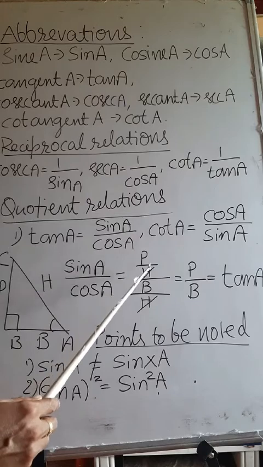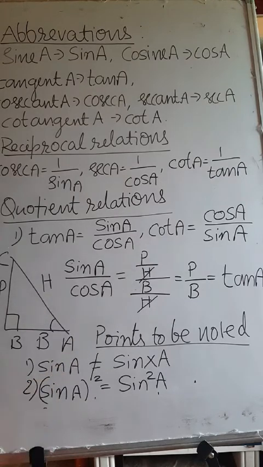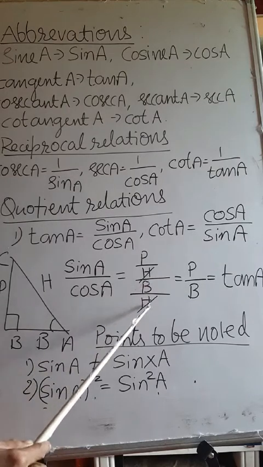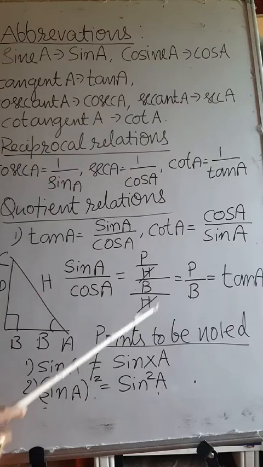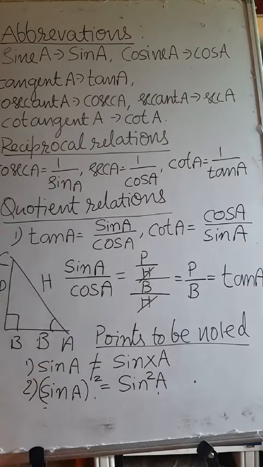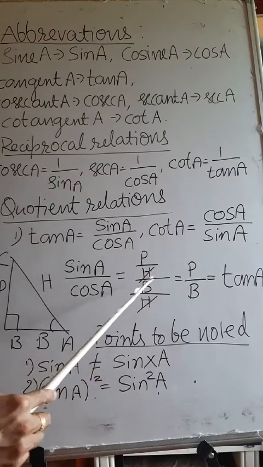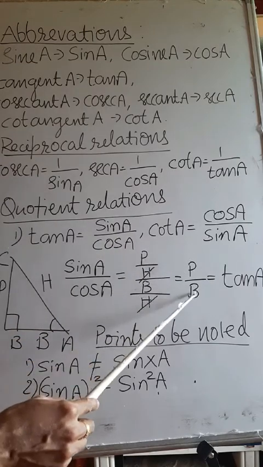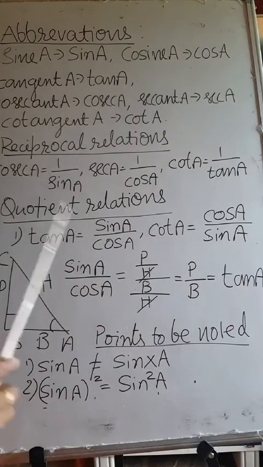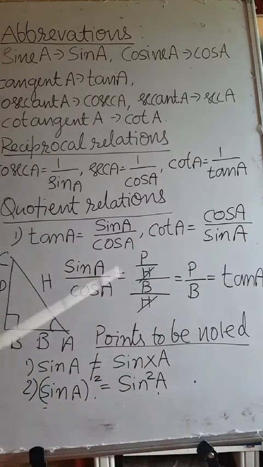Perpendicular by hypotenuse, as we came to know through T ratios. Cos A is base by hypotenuse. Here, both the denominators are the same, so hypotenuse gets cancelled. What is remaining? Perpendicular by base. What does it give? Tan A. Therefore, sin A by cos A is directly written as tan A. This is the proof.